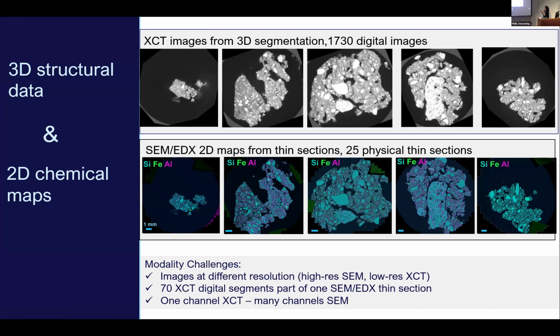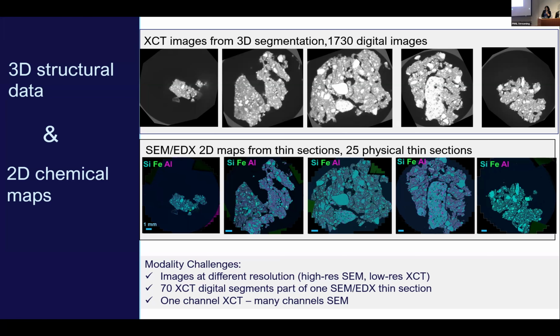The second is that there is a lot of digital information in the thin sections that are manually done. And then we have one-channel XCT, which means only a density-based map, while EDX has several channels, which means a different map for silica, for iron, or for aluminum. They are distributed completely differently.